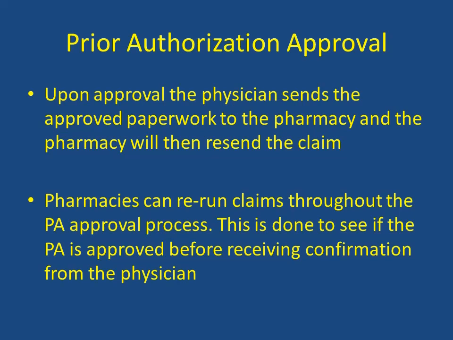We just basically try every day during this process to see if it's been ran through. If you want, the patient can request that the pharmacy call the doctor, or it's actually better if the patient calls the doctor to see if the PA has even been started.